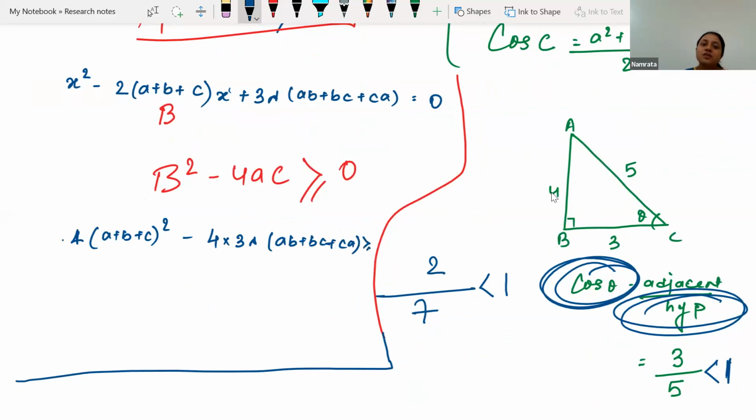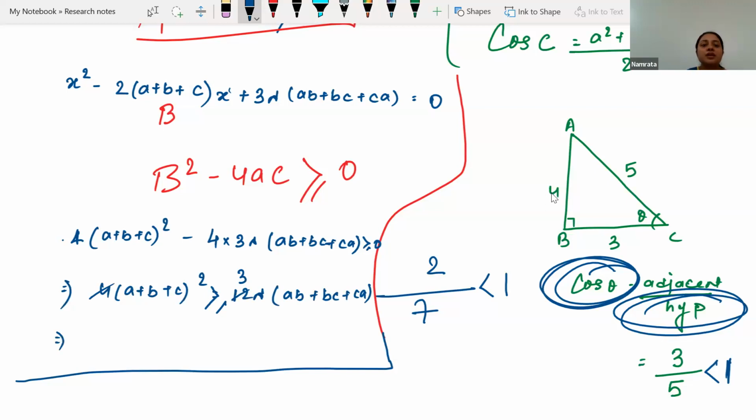Everything you must have got greater or equal to 0 here. If you shift the subtraction part to the other side, it will be 4 times (a plus b plus c) whole square is greater or equal to 4 times 3 times, that is 12 lambda ab bc ca. This 4 and this 12 will cancel out each other and we'll be having 3 lambda over here.